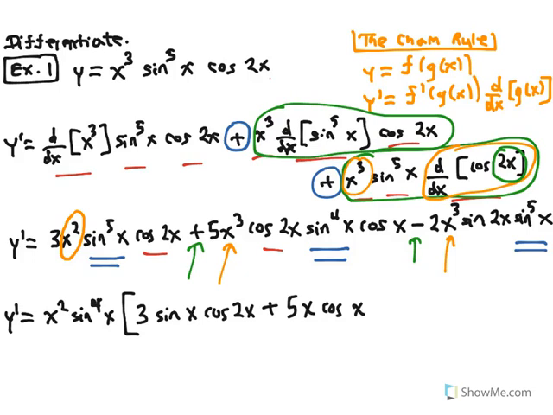Maybe I'd like to write the cosine of x first, and then cosine of 2x after that. So I have 5 times x times cosine of x times cosine of 2x, and from the third term I'm left with minus 2 times 1 factor of x, and then I will have 1 factor of sine x. When I factor out sine to the 4th x from sine to the 5th x, I will have 1 factor of sine x. And then I will also have sine of 2x. And that would be my final answer.